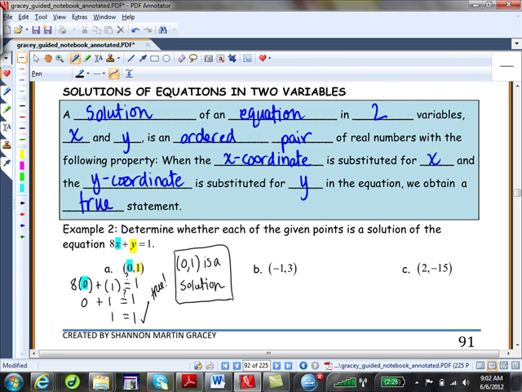Okay, why don't you guys try the next two and see what you find. Go ahead and pause the movie. Let's see how you did. When I plug in 8 times negative 1 plus 3, is that equal to 1?